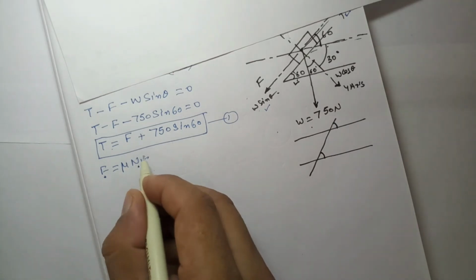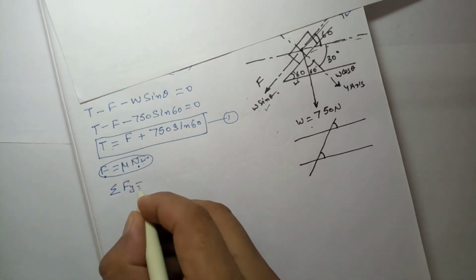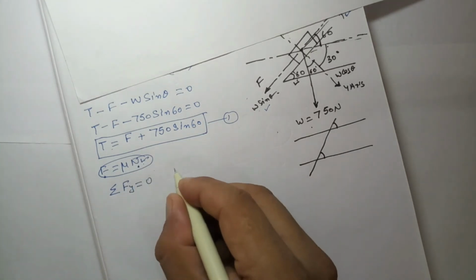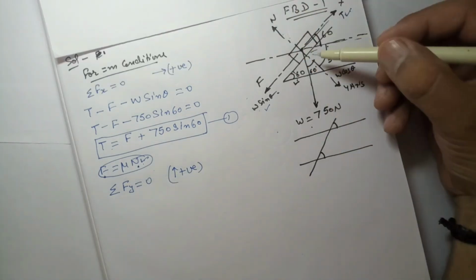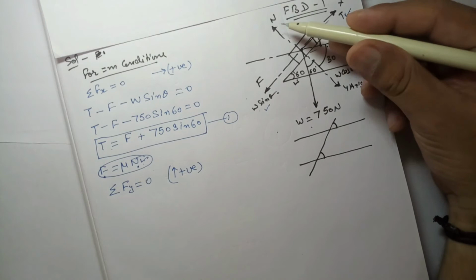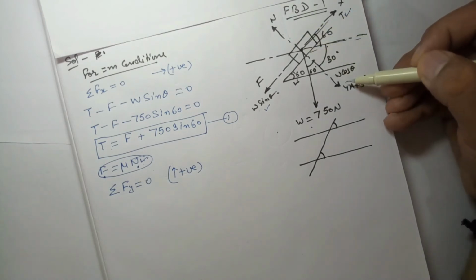But to find this, we have to use the second equation. We know that the y-direction force is 0 for equilibrium, right? Let's say upward we have taken positive. So this is the upward direction, the y-axis. Normal reaction is upward positive, and the weight component is downward negative.